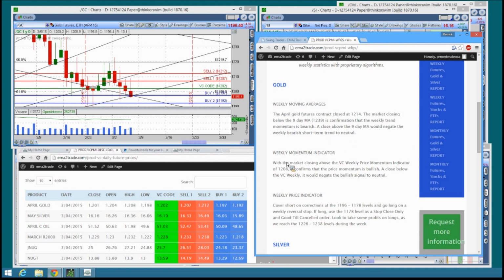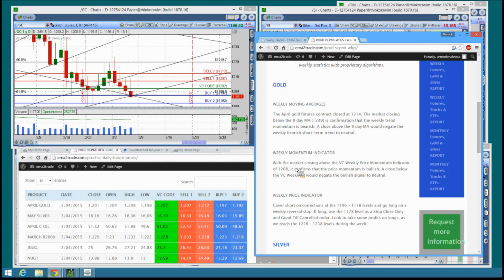The weekly momentum indicator is the algorithm that we use to identify the weekly pivot point or the weekly metrics that identifies for us the change of the trend from up to neutral to down.